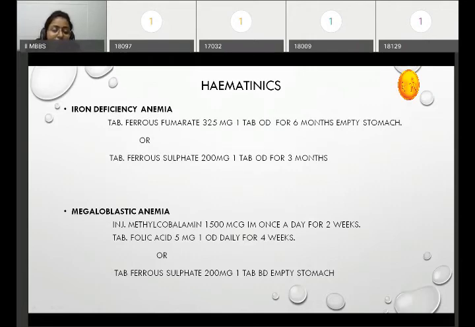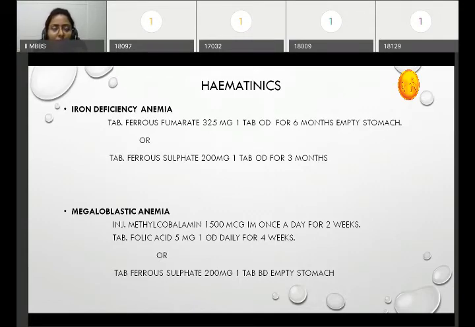That's why in some countries like in British areas, they are using hydroxycobalamin injection 1000 microgram intramuscularly, which is given for certain weeks, for 2 weeks or 4 weeks, etc., depending upon the deficiency.